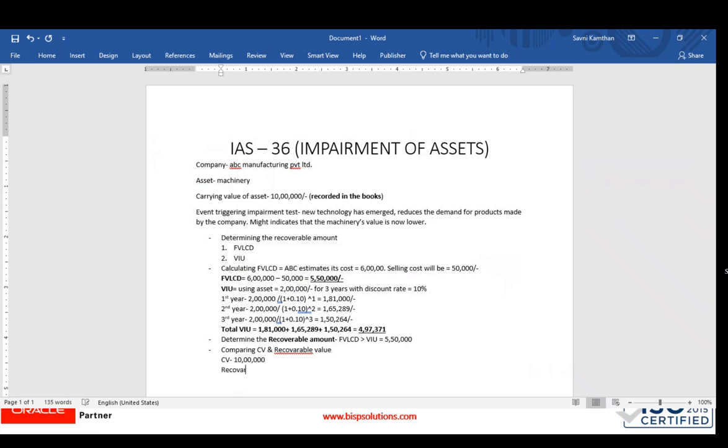Recoverable value is 5,50,000 rupees. So carrying value is higher than recoverable value. So this is the condition of impairment loss.